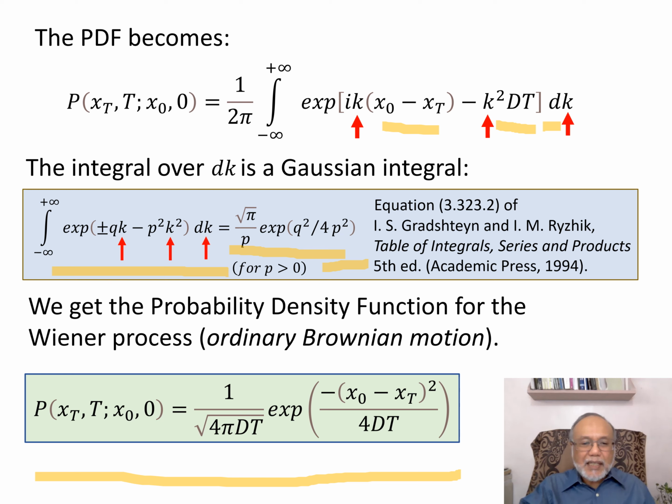So now we have succeeded in obtaining a closed form of the probability density function using the tools of white noise analysis. And this is our prototype for the other probability density functions that we will be calculating later on in this lecture series.